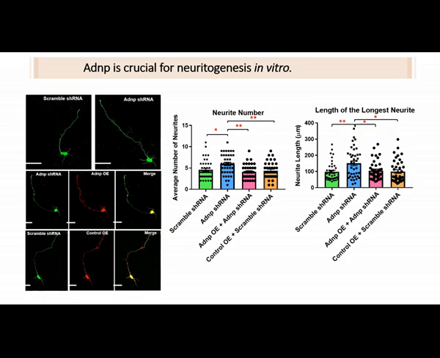Neurite number relies on neurite initiation. In contrast, neurite length relies on neurite elongation. ADNP deficient neurons showed an increase in neurite number and neurite length in the longest neurite, which is likely to become the axon.